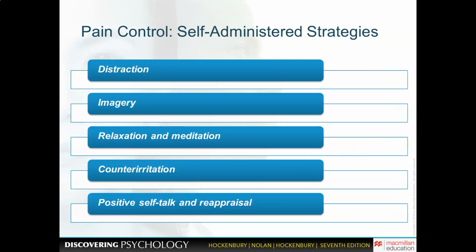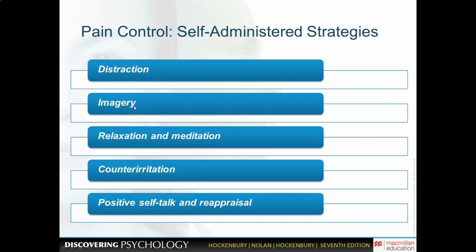Okay, this is going to be our last slide, on pain control. This is something you may find interesting. How do people control pain, especially using their brains? Here are some different strategies. For one, distraction: don't focus on the pain, focus on something else. Maybe employing certain types of imagery.